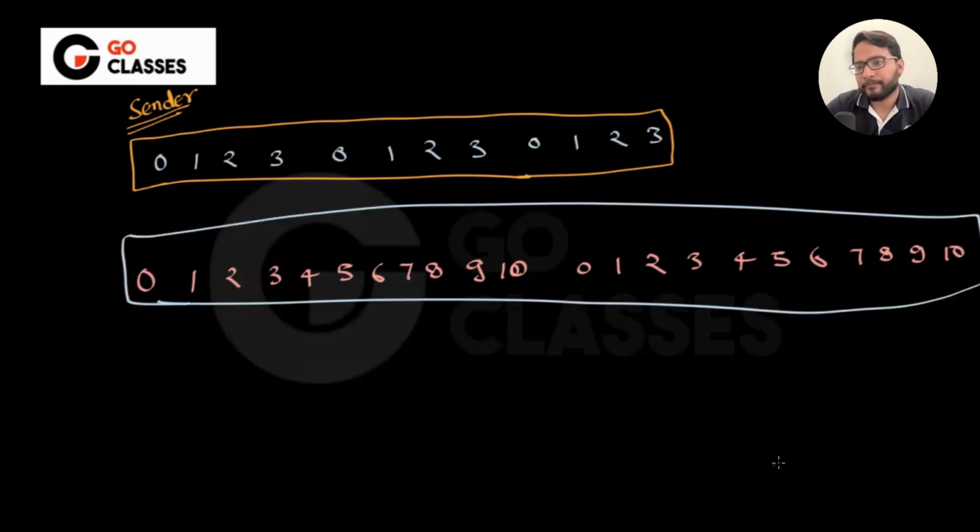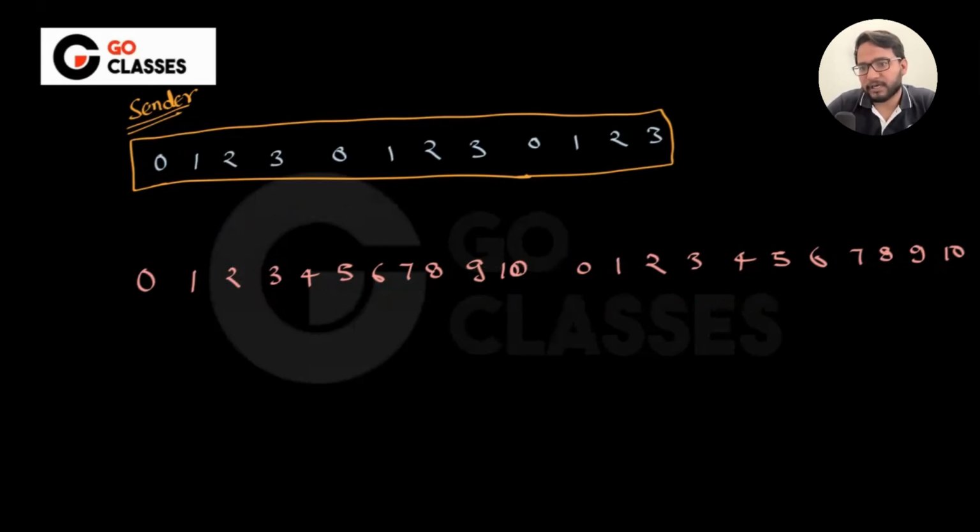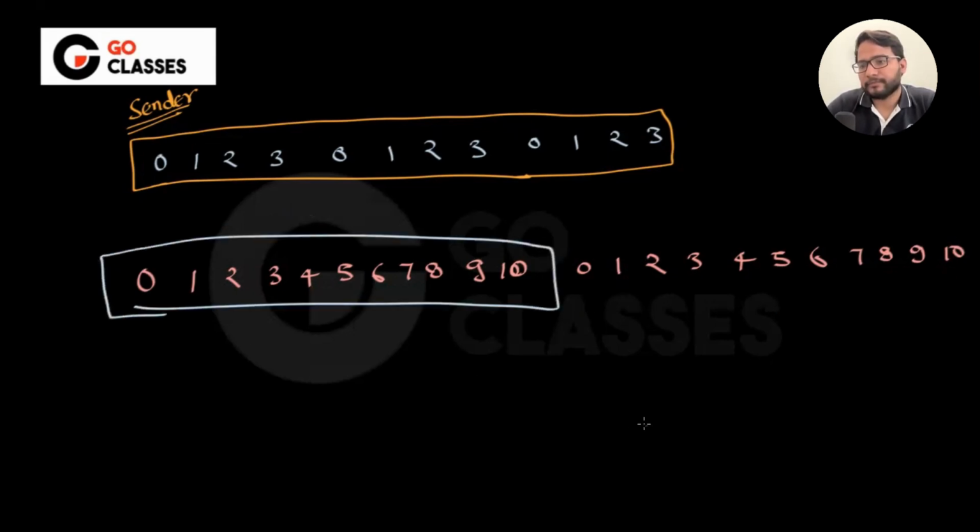Just tell me. No, right? Because the duplicate sequence number should not be in the flight at once. Can you send this 0 to 10 at once? It seems that no. The reason is that whenever these all get accepted, receiver will be waiting for next 10.